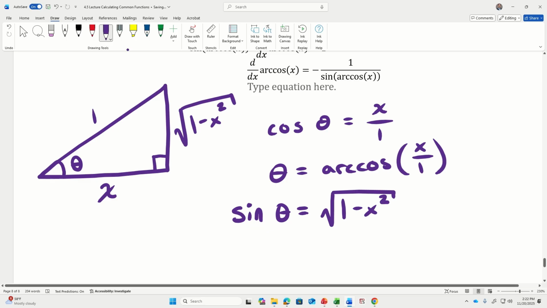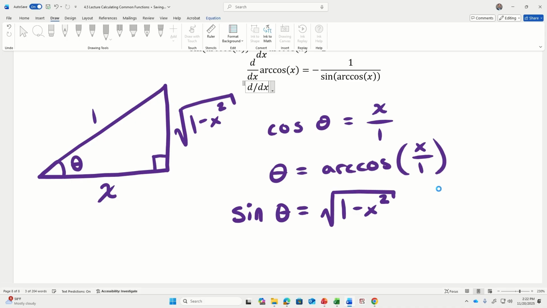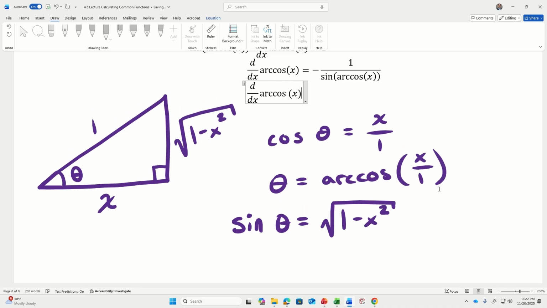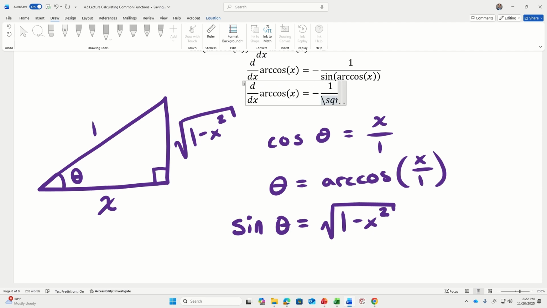So that means sine of arc cosine of x, because theta is arc cosine of x, is the square root of 1 minus x squared. And that's how I figured out that the derivative of arc cosine of x is -1 divided by the square root of 1 minus x squared.